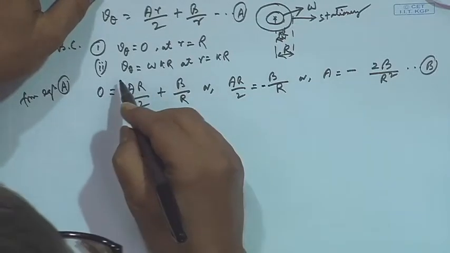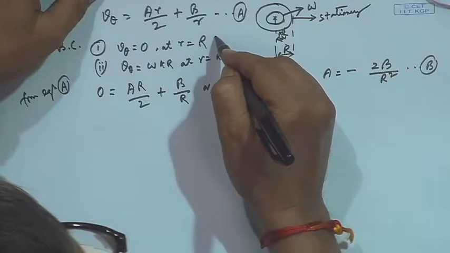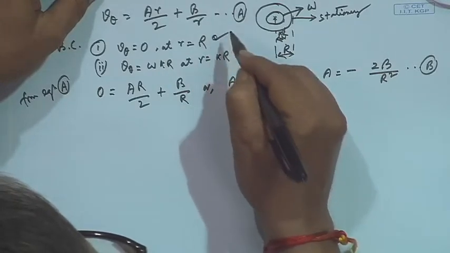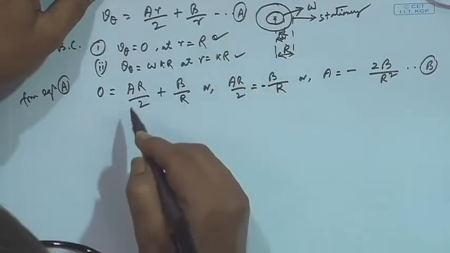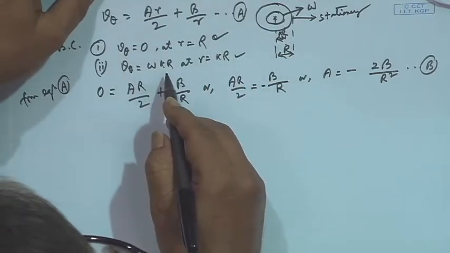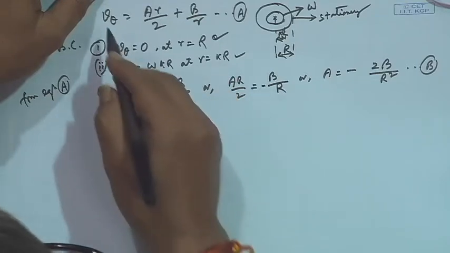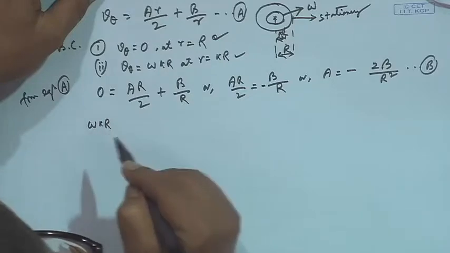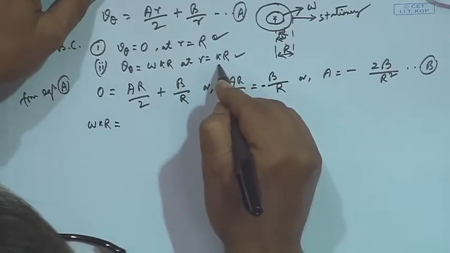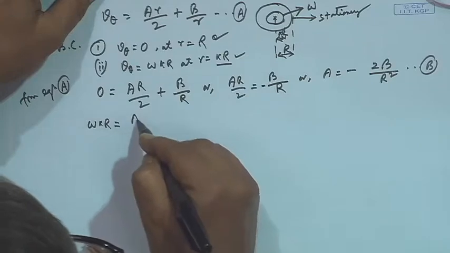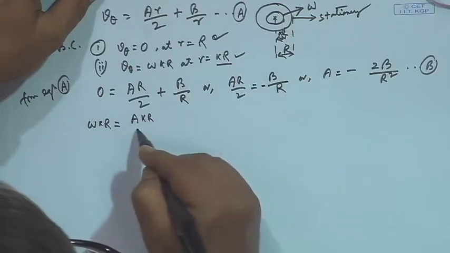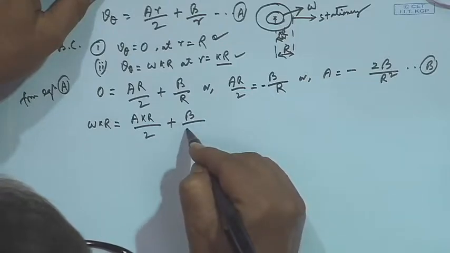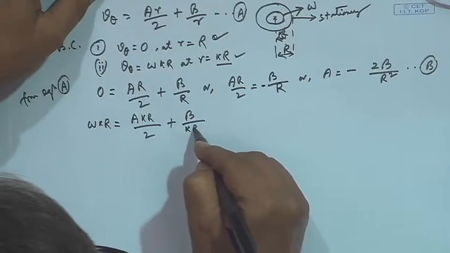Then, this was from the first boundary. So, from the second boundary, we write V theta is omega k r at r equals k r. So, A k r by 2 plus B by k r.